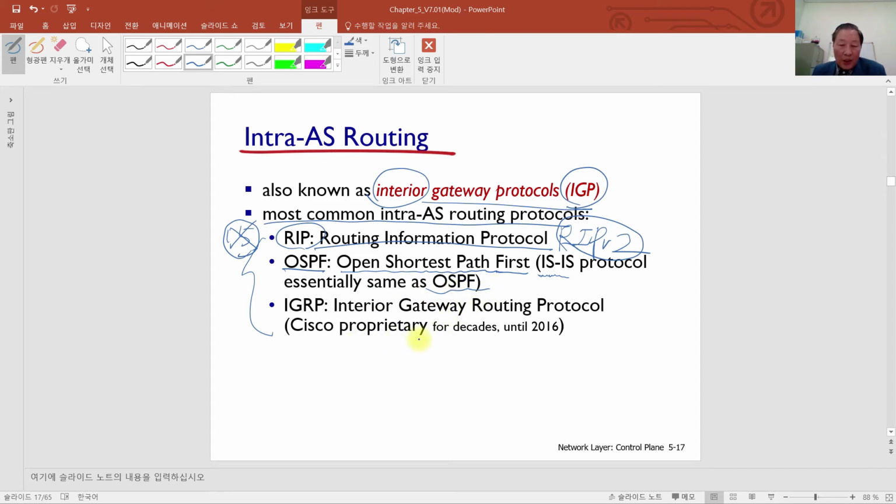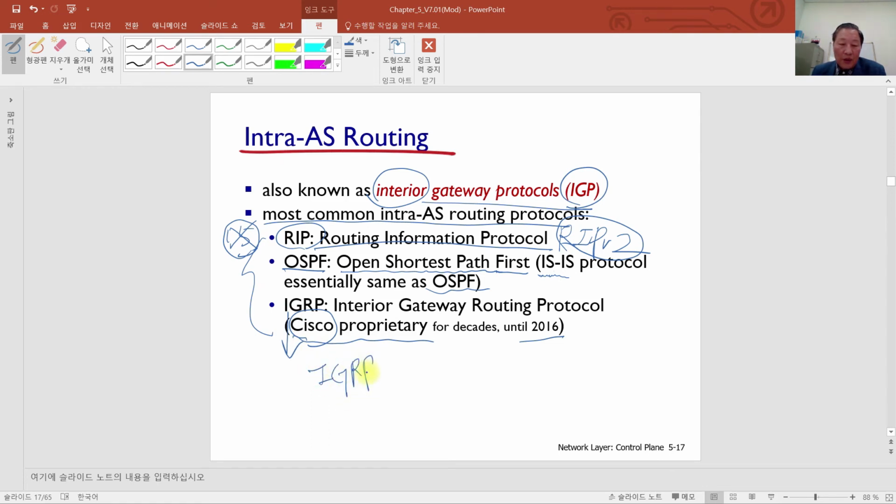Another one is Cisco's proprietary protocol until the year 2016, but it also evolved.